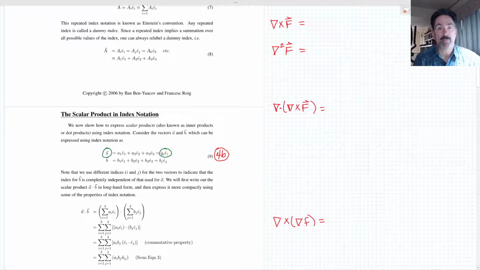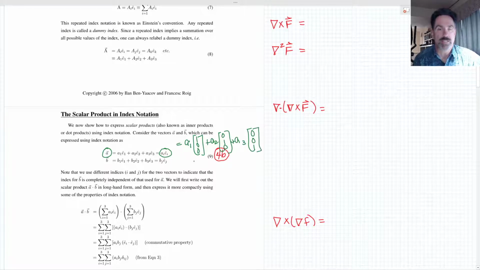And so I have the components, A_i, each component being multiplied by its respective standard basis vector. So literally this is A1 times (1,0,0), and then A2 times (0,1,0), and finally plus A3 times (0,0,1). So remember, the repeated index is the summation, of course.